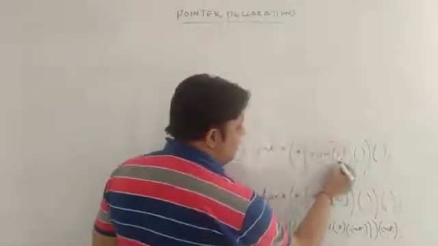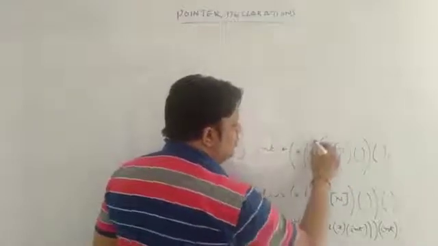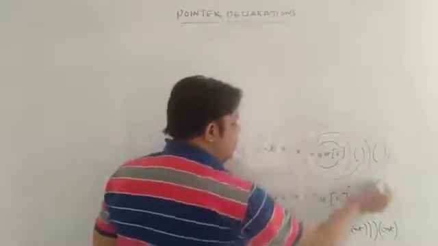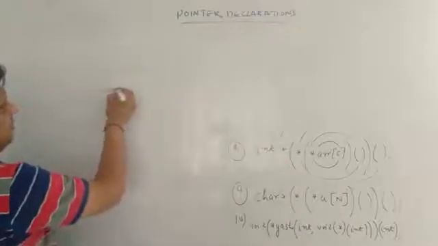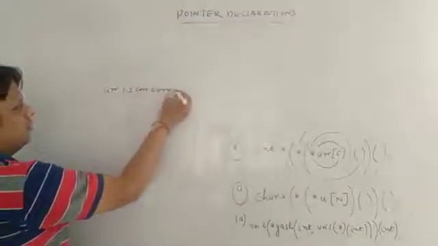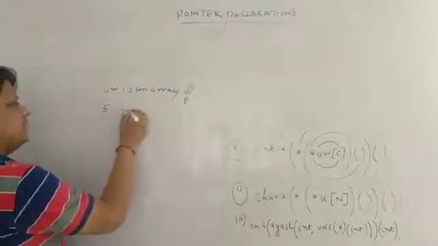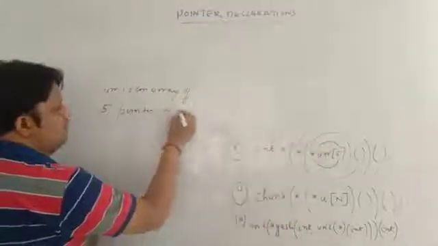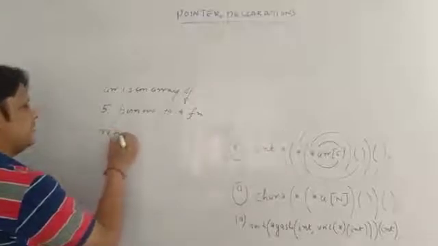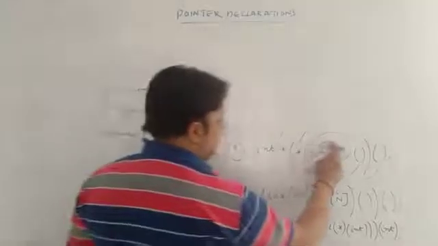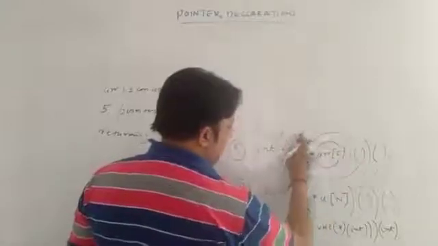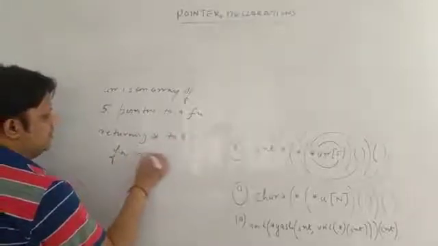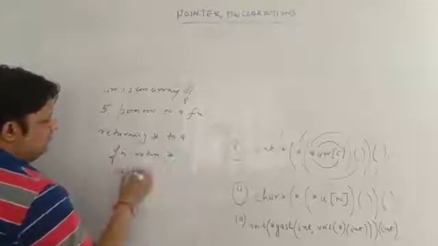In this, arr is an array of 5 pointers to a function returning pointer to a function returning pointer to a function returning pointer to an integer.